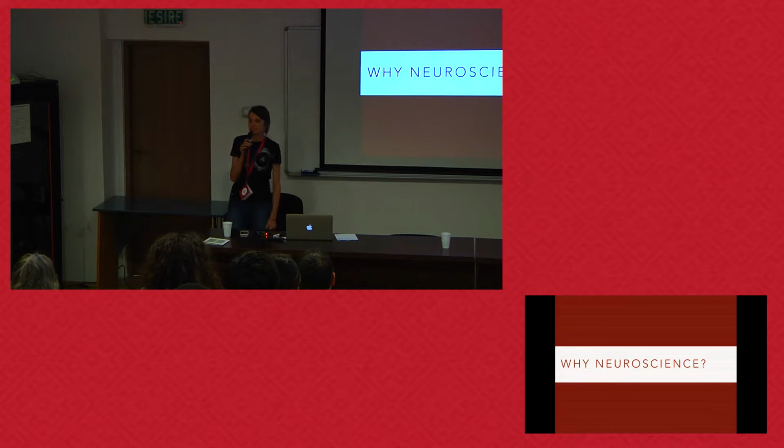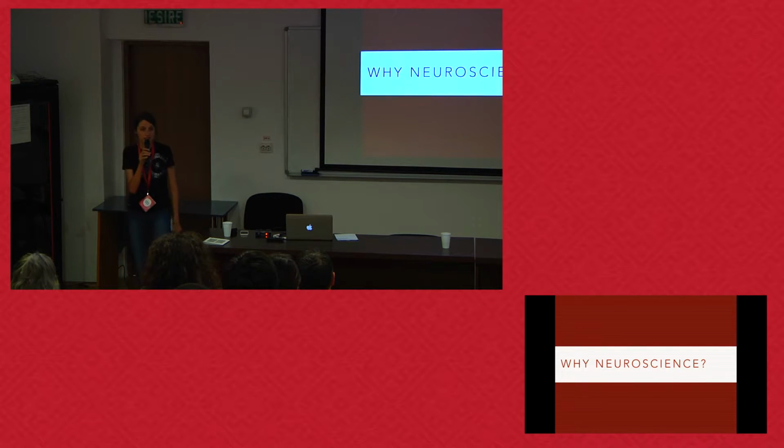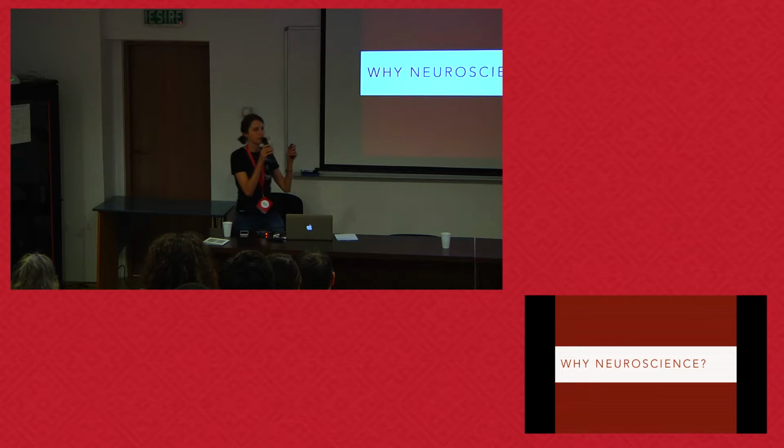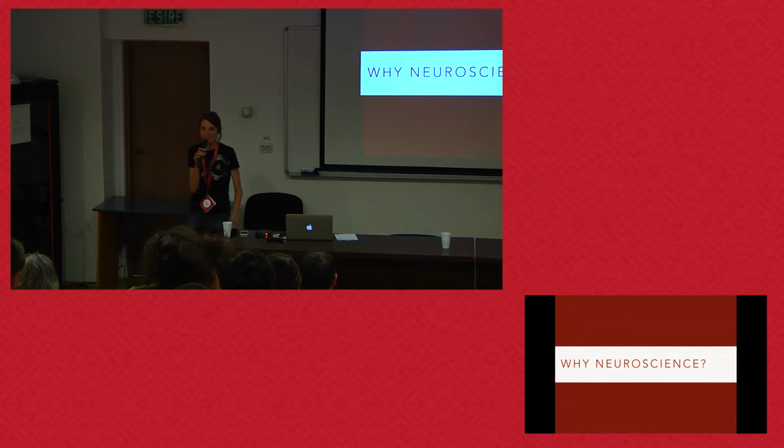Why neuroscience? Neuroscience, as I said, is everywhere. Before programming, before design, before marketing, before everything. Because we're not just saying, okay, let's design a thing for the user, he will like that thing, she will like that thing. No. Why will he like that thing?